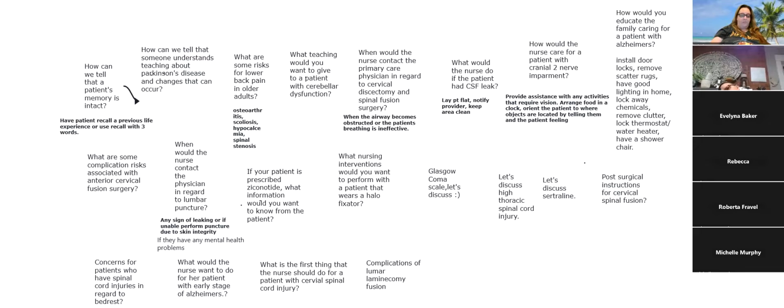Okay. What else? You think these folks are going to be able to go home and take care of themselves? What's important for us to know? We're sending them home. They have a support system. There you go. Yep. What else?